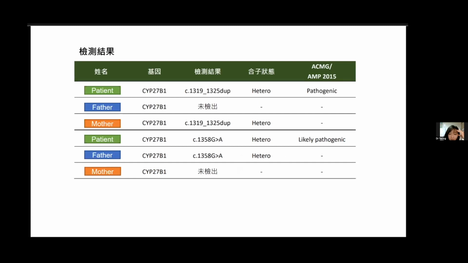One of the 2 mutations is a duplication of coding sequence 1319 to 1325, which is confirmed to be a maternal origin frameshift mutation. The other one is coding sequence 1358 G to A, a paternal mutation.